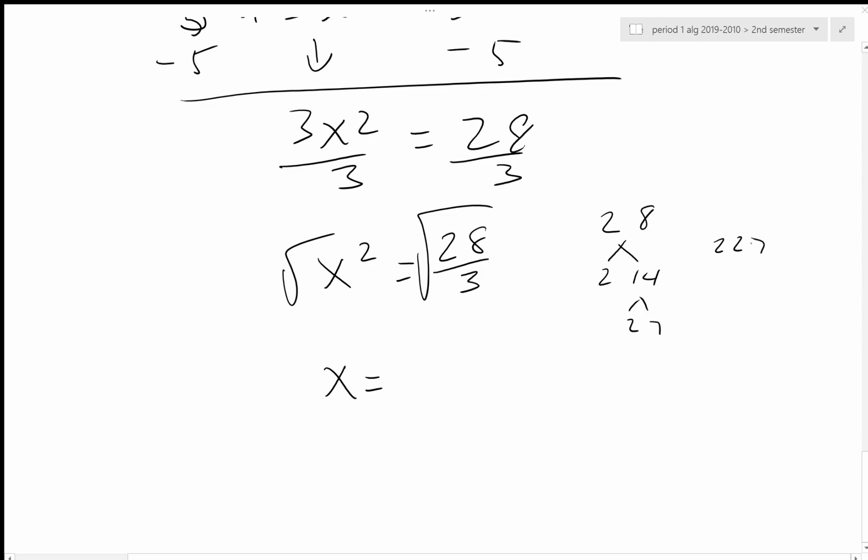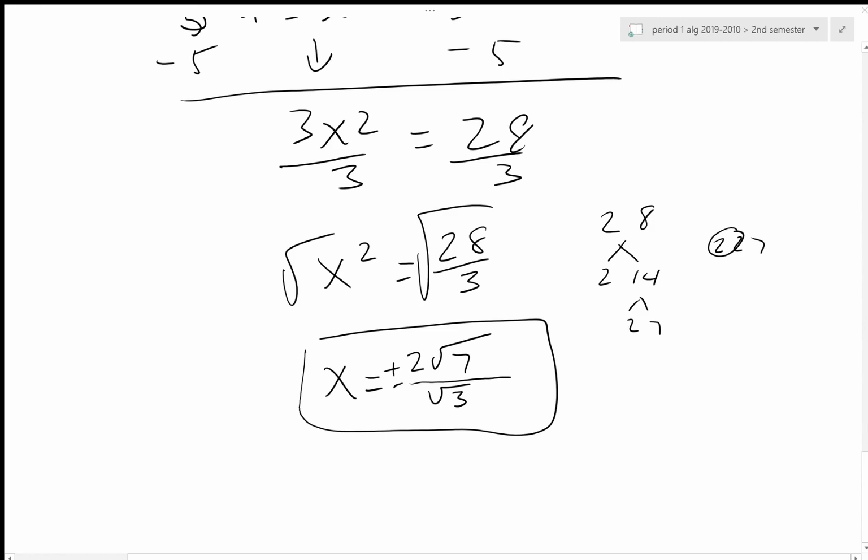So 2, 2 and 7. That pair of 2's. So this top part becomes 2 square root of 7. The bottom becomes square root of 3. Now, just to let you guys know, I'm not going to do this to you today, but you cannot have a square root on the bottom. None of the problems I gave you have that. I just wanted to give you an example. And don't forget the plus or minus.